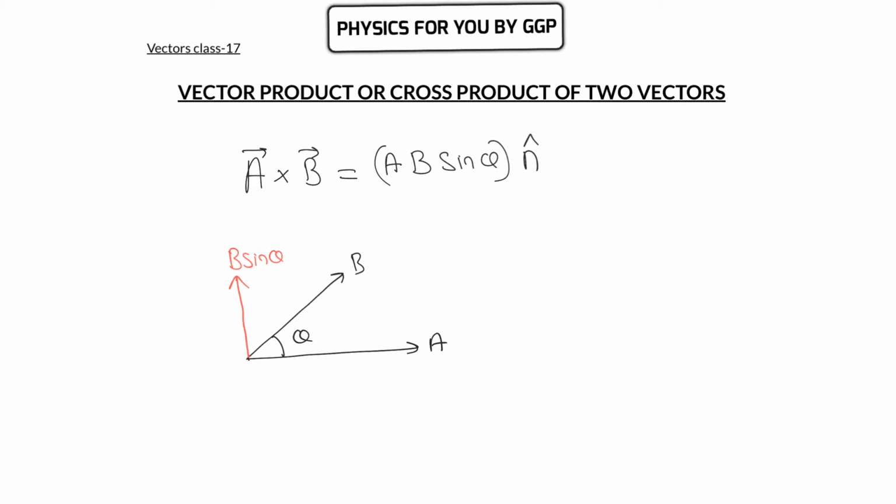So the cross product is defined as the product of one vector, a, into the component of the other vector, b, in a direction perpendicular to the direction of a. So a into the component of b perpendicular to it, b sine theta. That's why a cross b has a magnitude of ab sine theta.